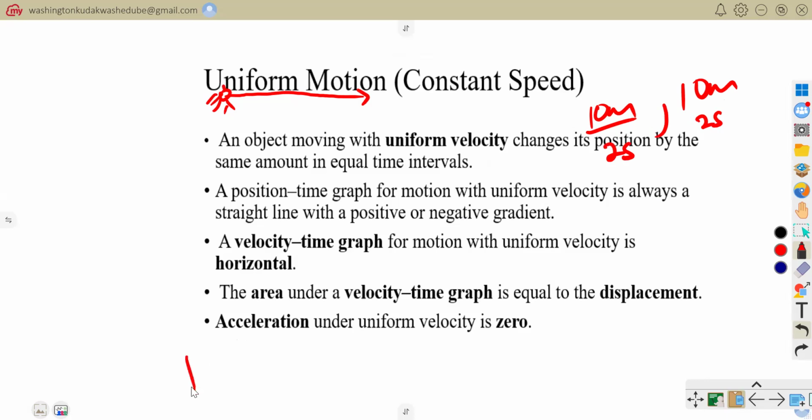So which means that if you were starting from maybe let's say point A here, and you ended at point D there.